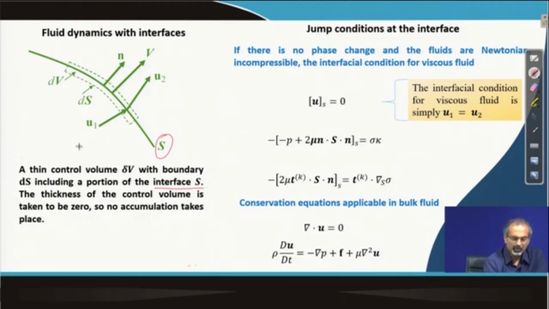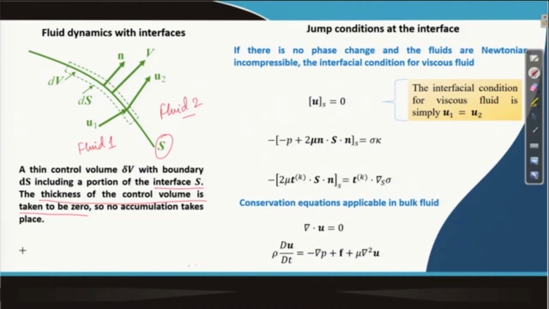On one side of the interface you may have a certain fluid, say fluid 1, and on the other side another fluid, say fluid 2, and then you have a thin control volume, this delta V with boundary dS, surrounding this portion of the interface. We assume that the thickness of the control volume limits to 0, and therefore there can be no accumulation handled by this interface. No property can end up accumulating at this interface because of the thickness limiting to 0.